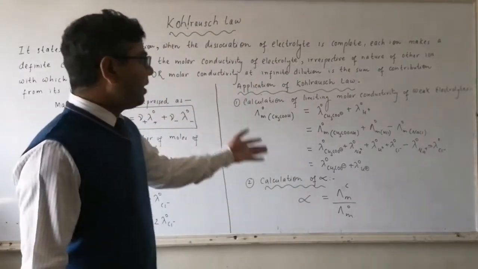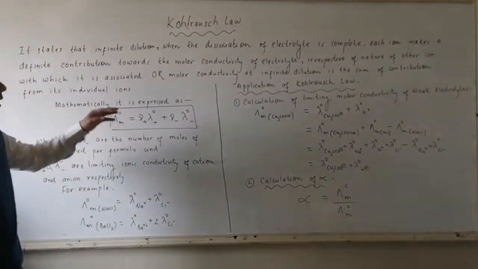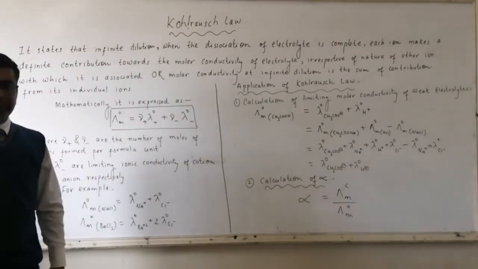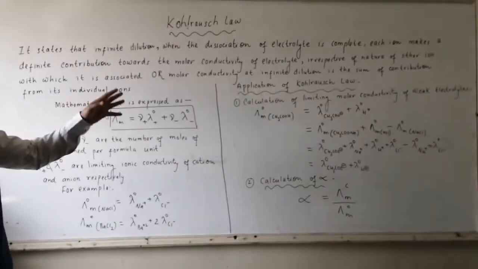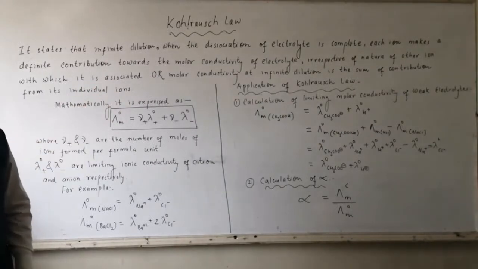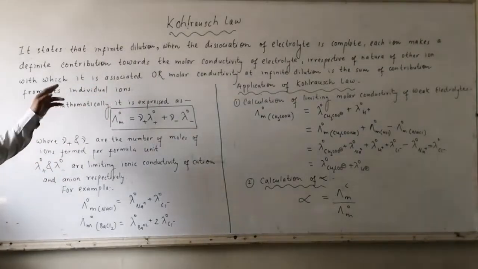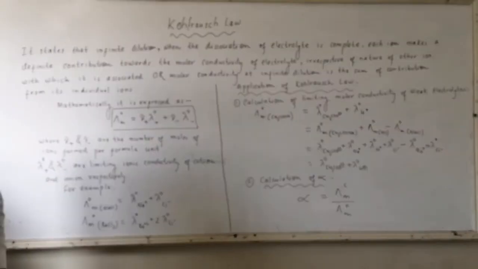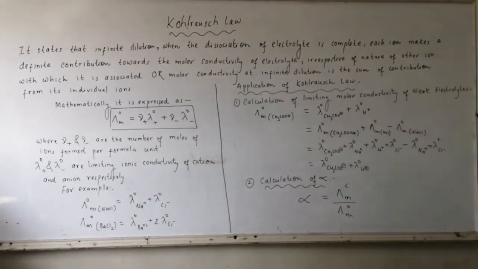So how can it be stated? It states that at infinite dilution, when the dissociation of electrolyte is complete, each ion makes a definite contribution towards the molar conductivity of the electrolyte irrespective of the nature of the other ion with which it is associated. Or, molar conductivity at infinite dilution is the sum of contributions from its individual ions.